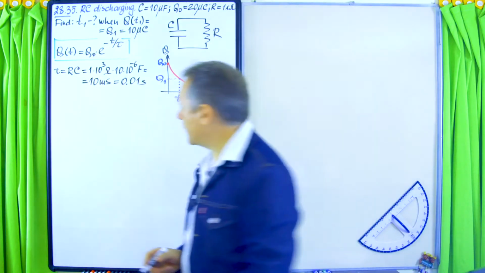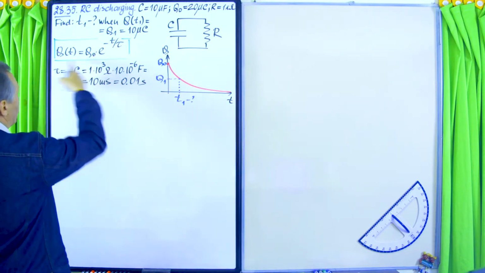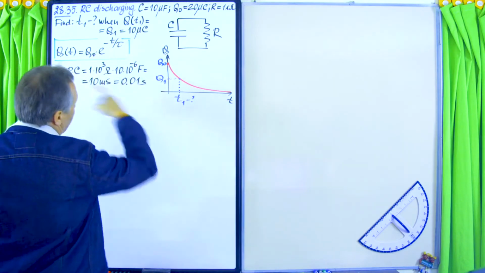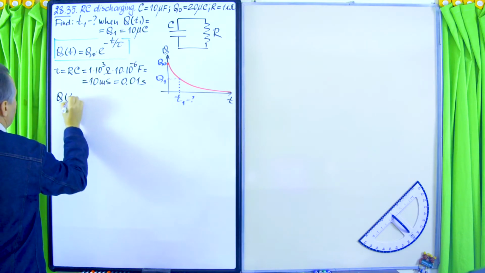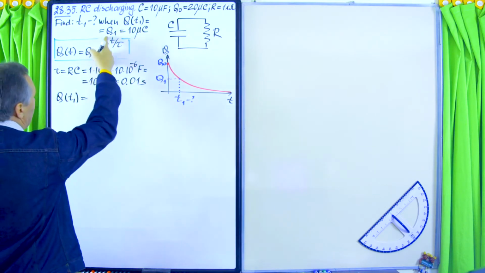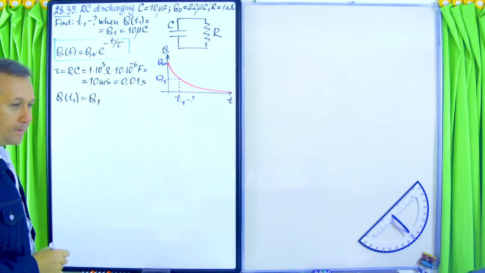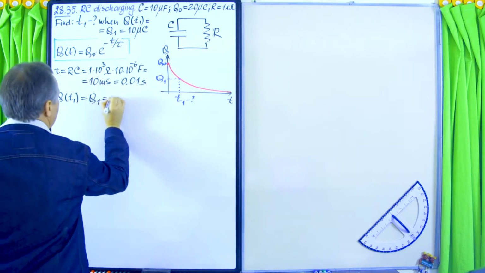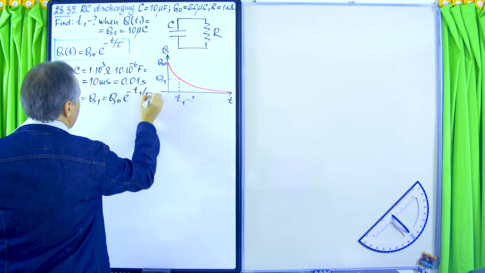So now once we know the time constant, we can actually find T1. Now I will just apply this equation, this function, for this particular point. So it will be Q at T1. For simplicity, I introduce this Q1 because it's too much to write. And it is equal to Q naught e to the power of minus T1 divided by tau.